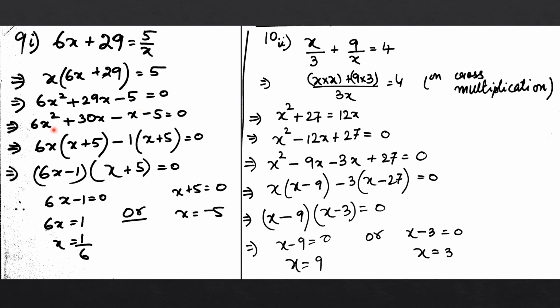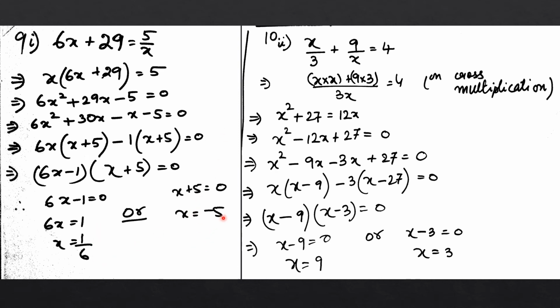And we have 6x square plus 30x minus x minus 5 equal to 0. So 6x can be taken as common. So we have (x plus 5) minus 1 (x plus 5) is equal to 0.